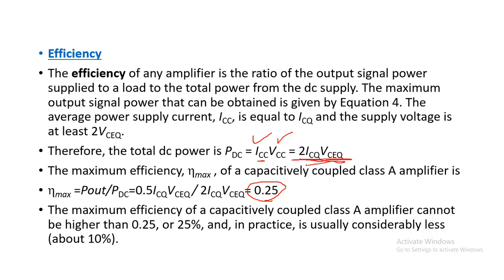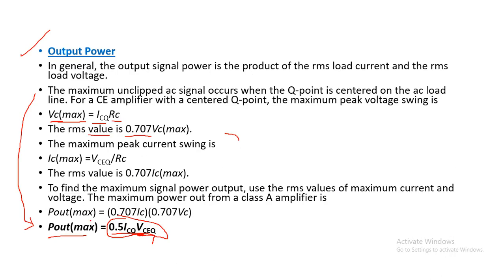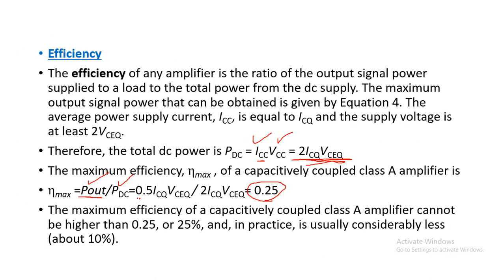To find the efficiency of this class A amplifier, you have to find the power at the output and the power delivered from the DC supply, the DC quiescent power. The output power is nothing but 0.5 times ICQ times VCEQ, and PDC is nothing but 2 ICQ times VCEQ. If you put this in and multiply, all these things will cancel out. Only 0.5 divided by 2 will remain, and you will get 0.25.